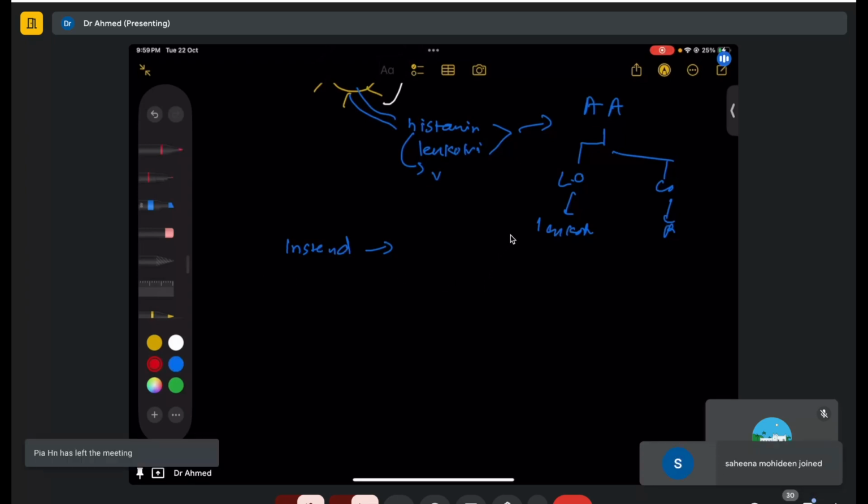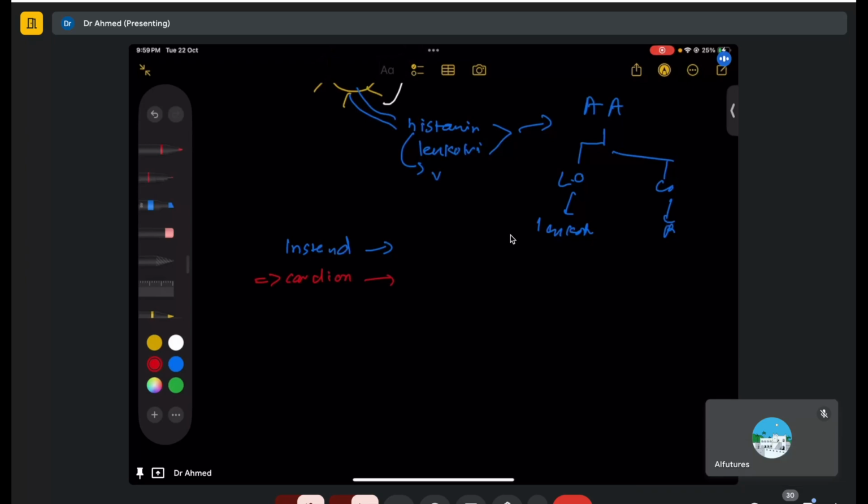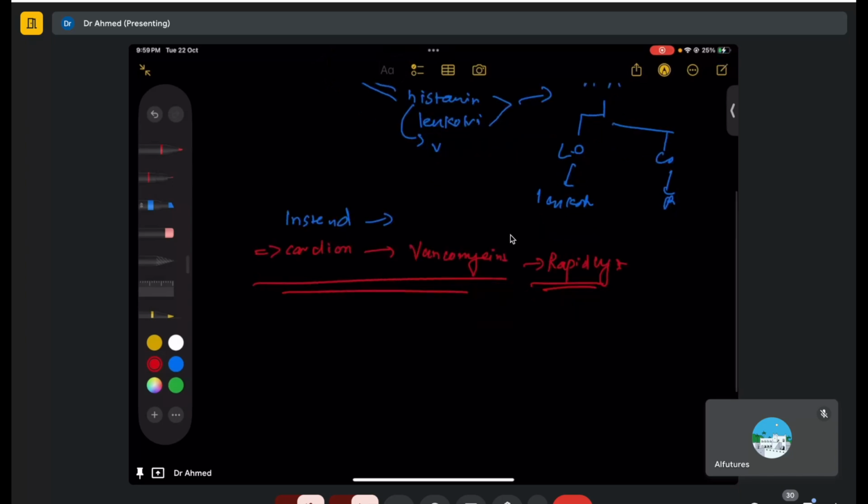We have already discussed in our cardiology section a drug that also causes mast cell degranulation, and it is highly dependent on the velocity or speed of infusion: vancomycin, remember? What happens with vancomycin if I'm infusing it rapidly? Non-IgE mediated histamine release. Okay, perfect.